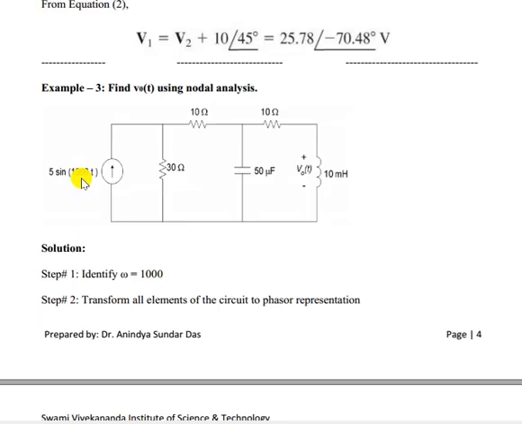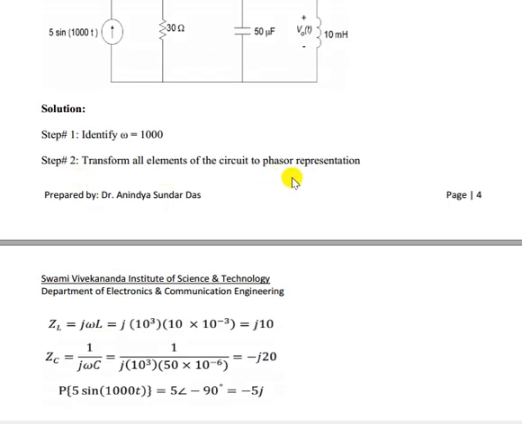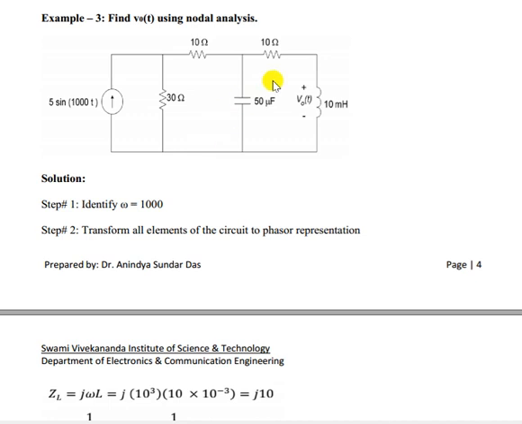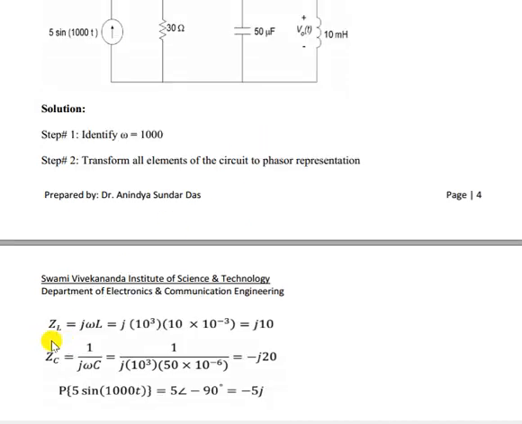Now we have to find the circuit phasor representation, that means the values of ZL and ZC. ZL or XL is j omega L, where omega is 1000, that is 10 to the power 3, and here 10 millihenry, so 10 into 10 to the minus 3, so we will get this value.